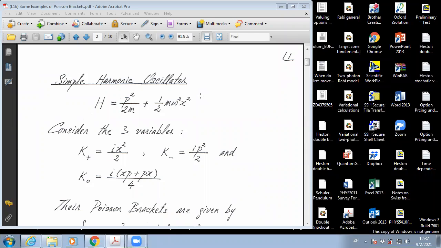Here are some more examples about Poisson brackets and Hamilton's equations of motion, right? First example, the simple harmonic oscillator again. Now, if we are not interested in finding x(t) and p(t) directly, but in the time evolution of the kinetic energy and potential energy, then what should we do?